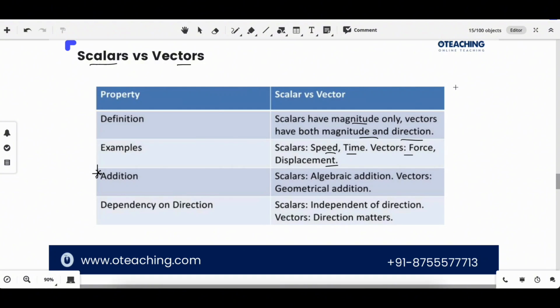Now, do understand this difference when you talk about addition. When you have quantities, you perform certain algebraic operations. For an example, addition, subtraction, multiplication, division. So, when you work with numbers, these are the algebraic operations, and scalar quantities work well with these algebraic operations. But when you want to work with vectors, vectors are different.